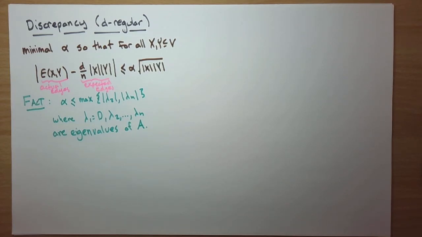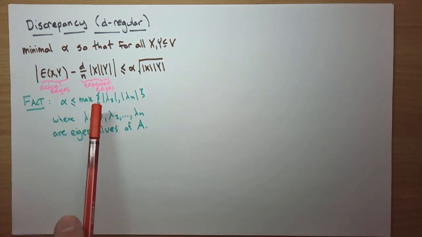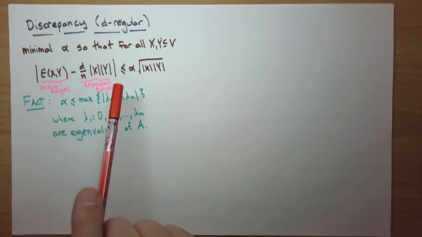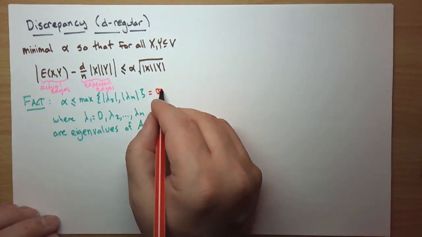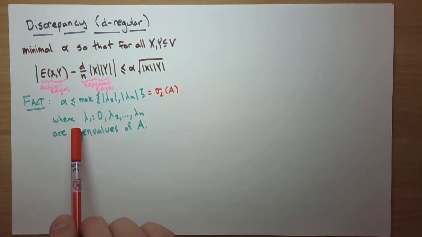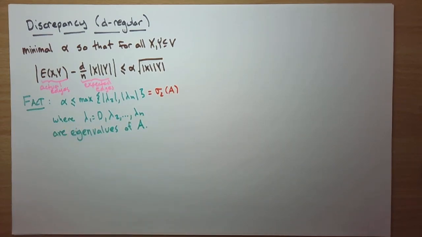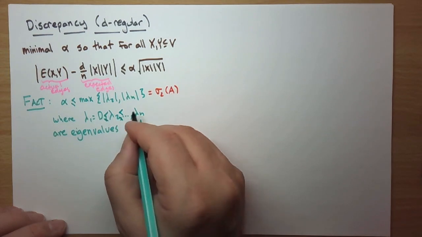And so we showed, by a nice relationship dealing with singular values of matrices, that this alpha is bounded by, now we didn't call it this last time, but I just want to write what we called it last time, sigma 2 of A, the second largest singular value of A. But because of the relationship between singular values and eigenvalues, if you think of your eigenvalues as going, say, lambda 1 is d, and I should technically order these for the previous statement to make sense.